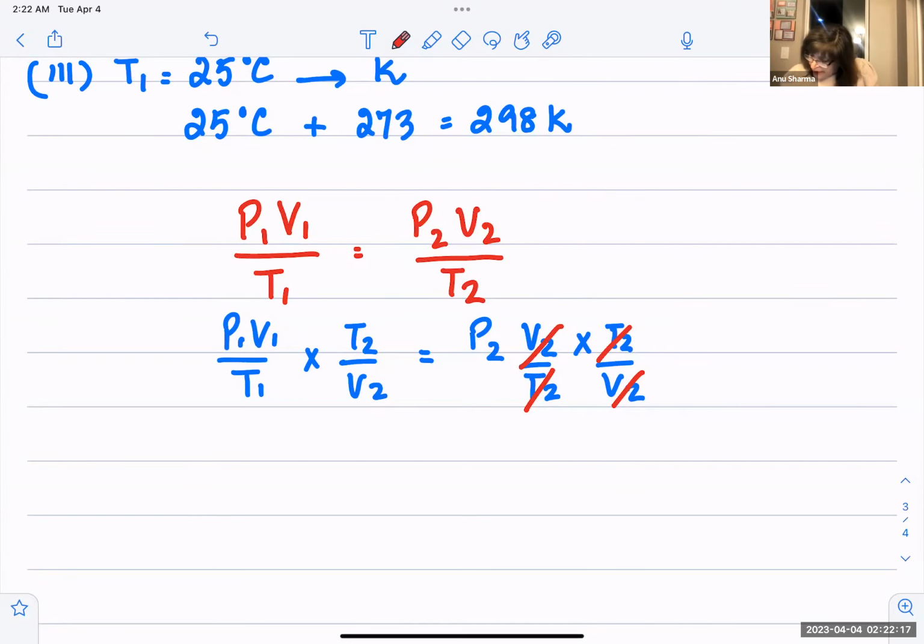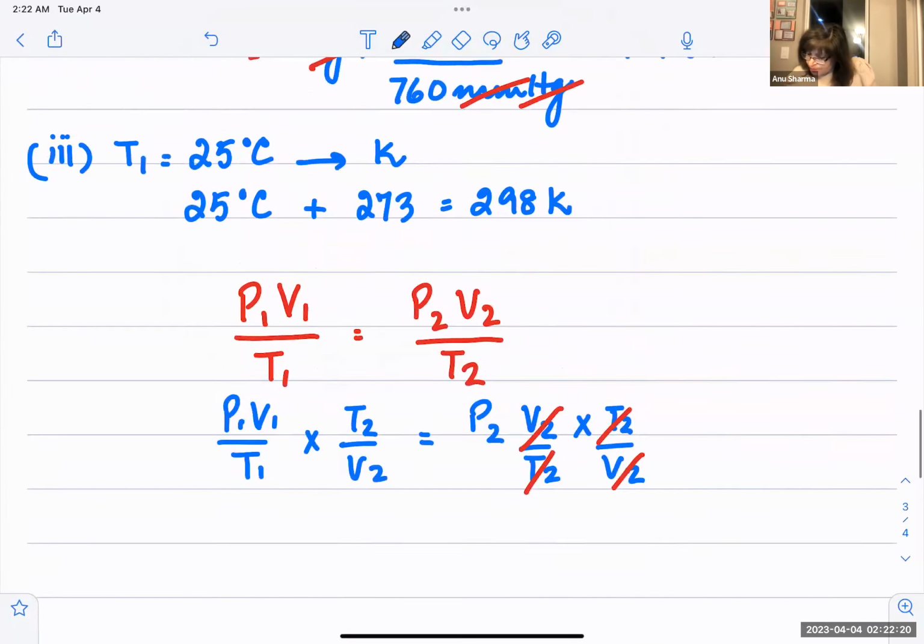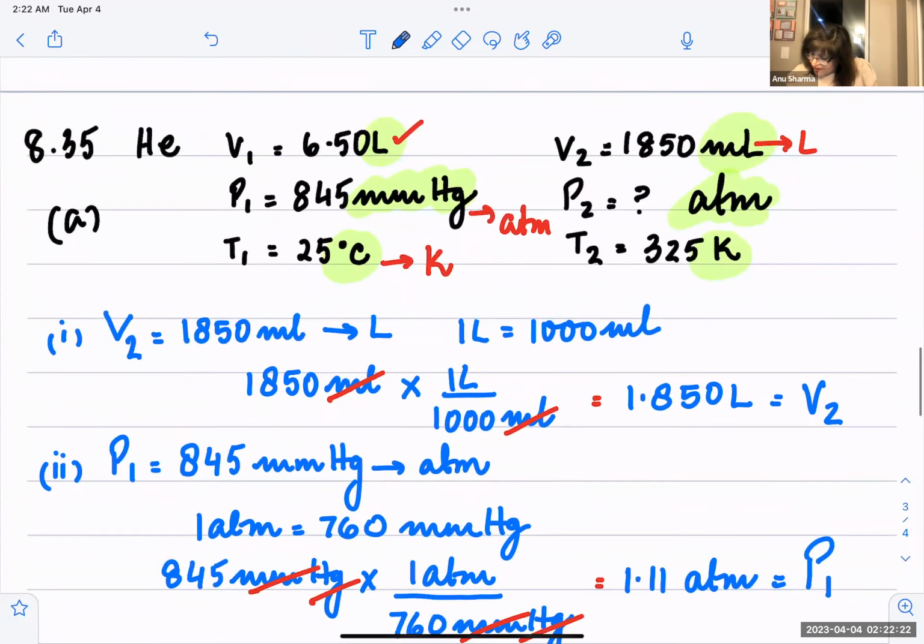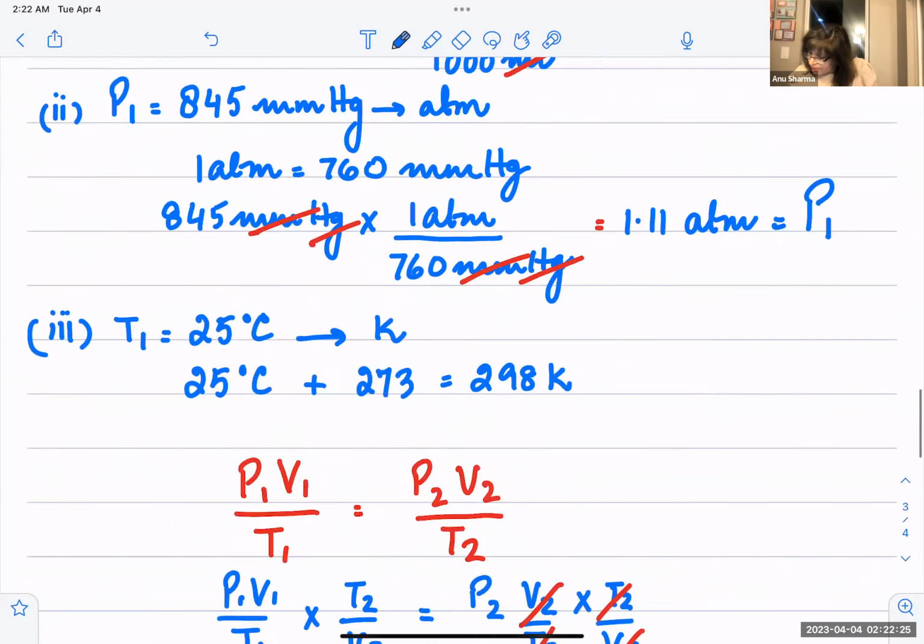Now we're going to put in these numbers. P1 is 845 millimeters of mercury, which was converted to 1.11 ATM.